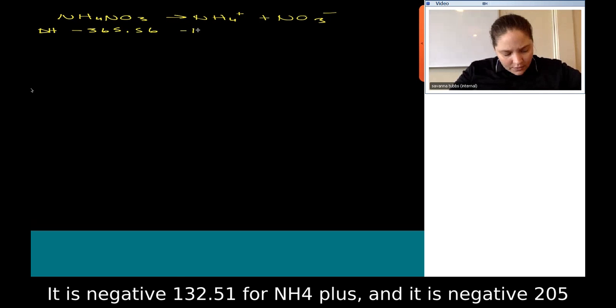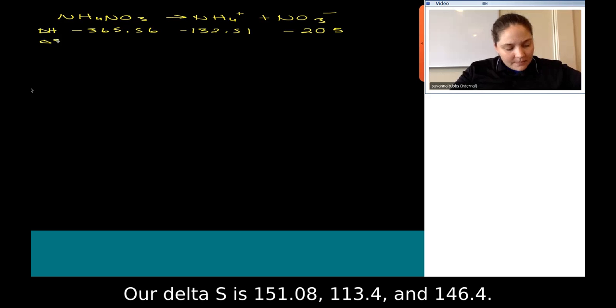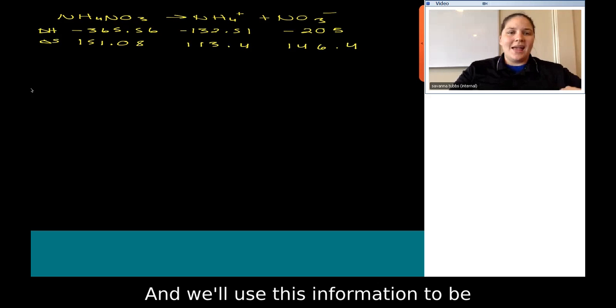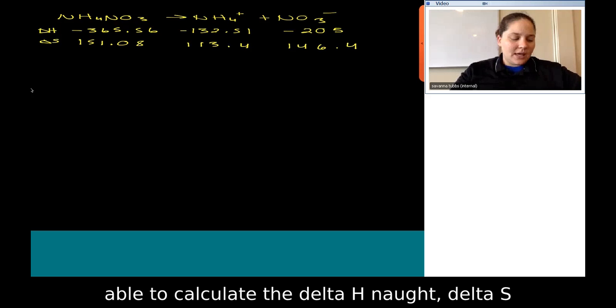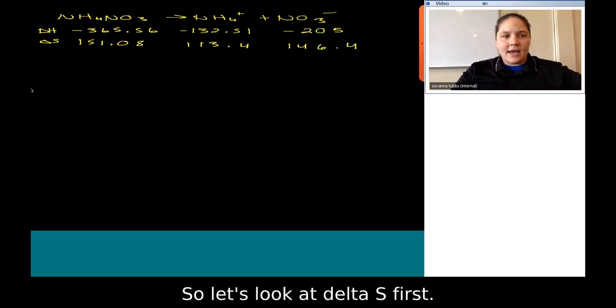It is negative 132.51 for NH4 plus, and it is negative 205 for our NO3. Our delta S is 151.08, 113.4, and 146.4. And we'll use this information to be able to calculate the delta H naught, delta S naught, and delta G naught. So let's look at delta S first.